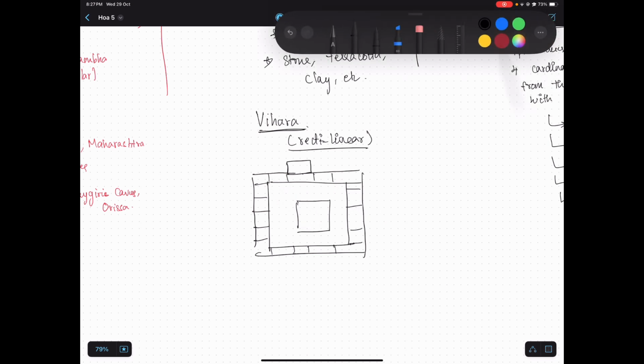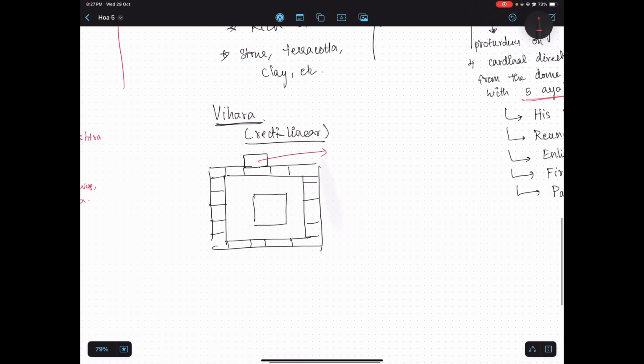So you could say that they had a shrine here and a central hall, and the central hall was flanked by cells on all the sides where the monks stayed.